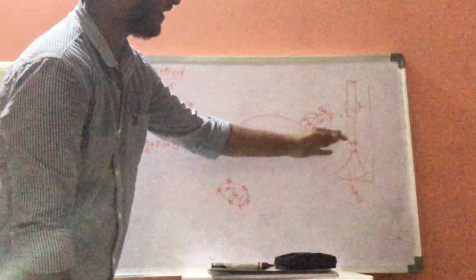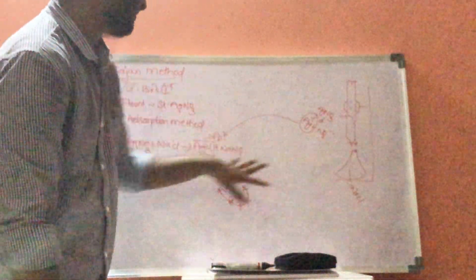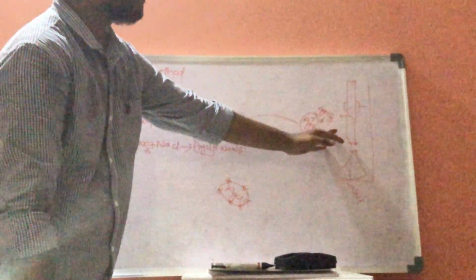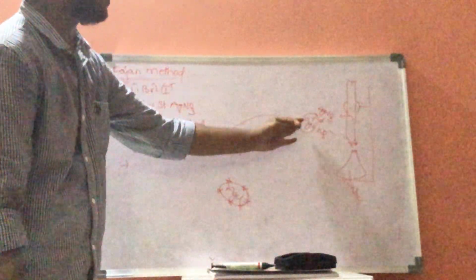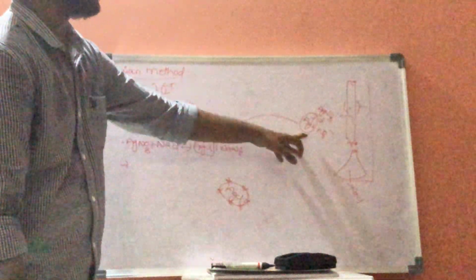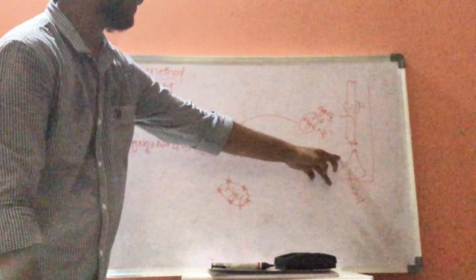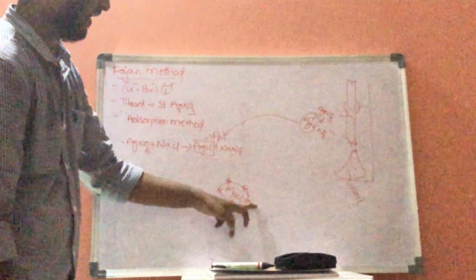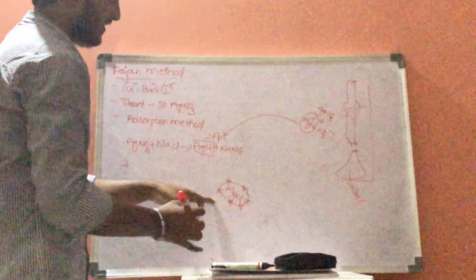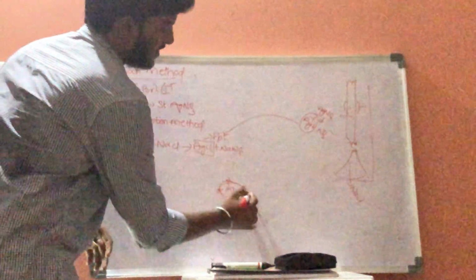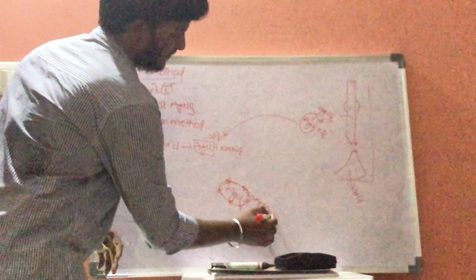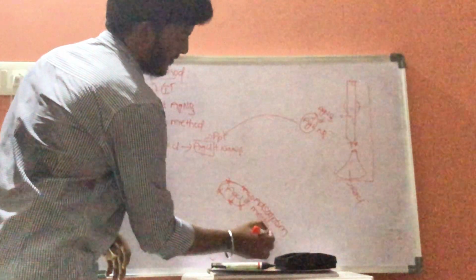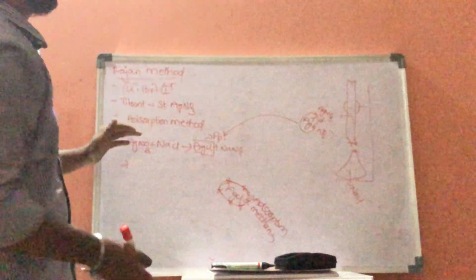Ag+ ions combine with the surface of AgCl. So this process is called the adsorption mechanism, and this is called Fajans' method.